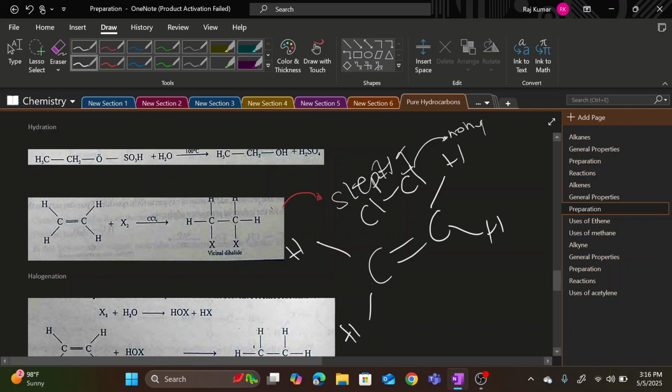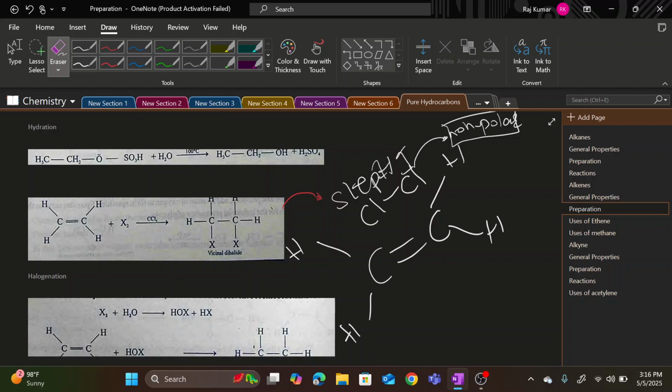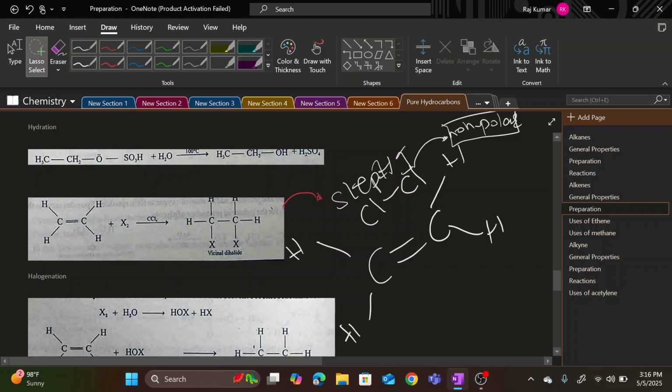So when this halogen atom comes over here, right? It will come here, over here. The halogen atom comes here.